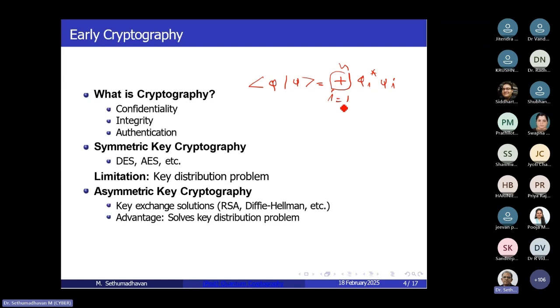But if it is infinite dimensional, this will become an integral of phi star of x psi of x dx. There is nothing like a specific x because it is valid for all points. So it will become integral dx phi star x psi x. That is the scalar product.